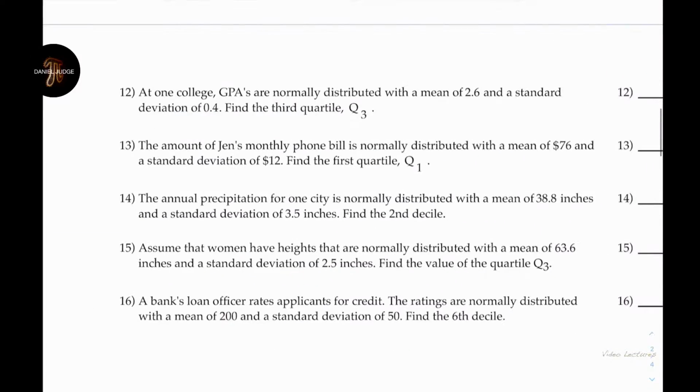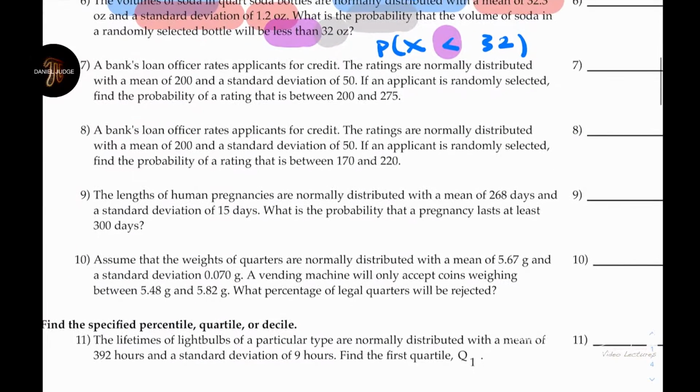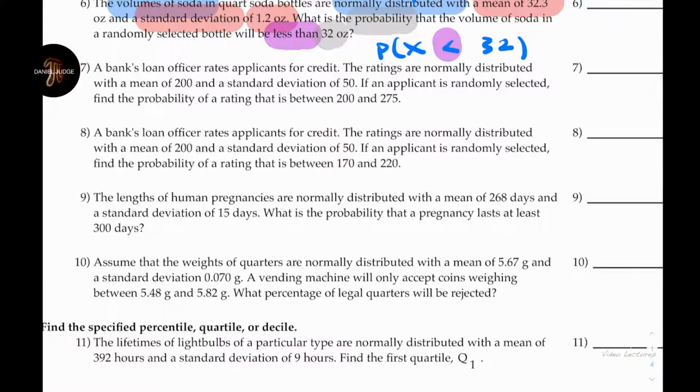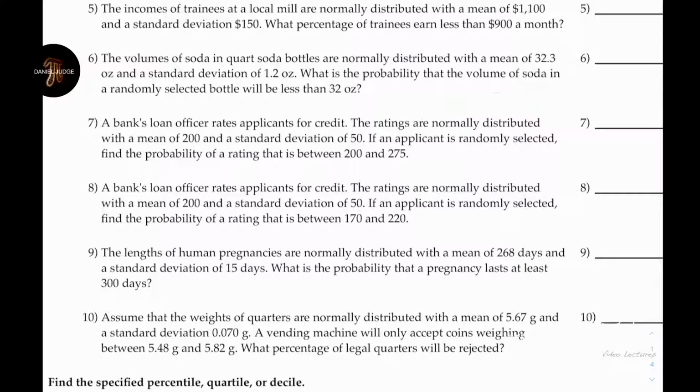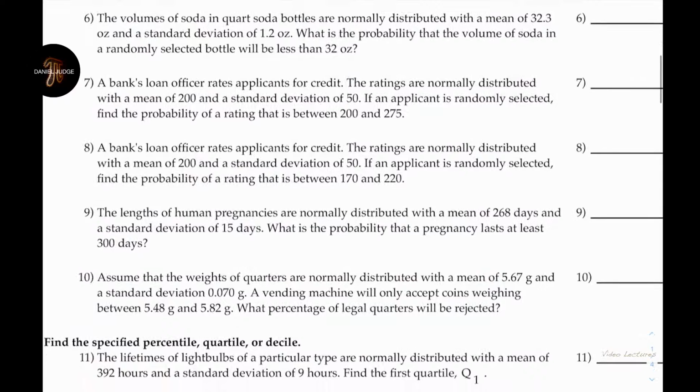Alrighty. We're going to look at number 7. Let's get rid of all of this here so we don't get distracted. Number 7 says a bank's loan officer rates applications for credit.